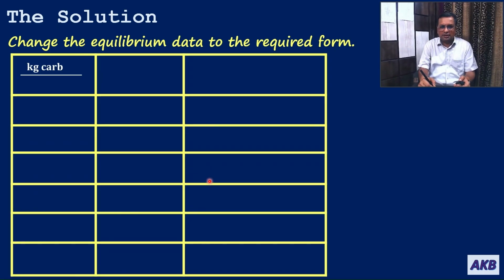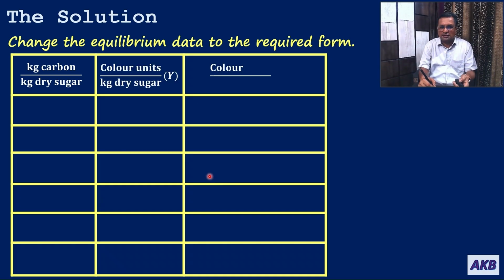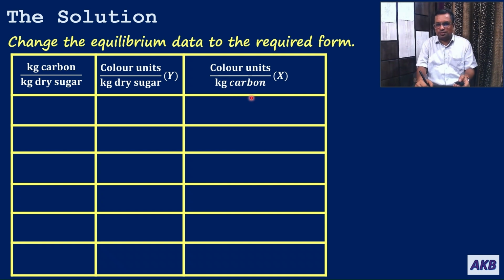Now we will get all the values of X. So I am preparing this table. You have kg carbon per kg dry sugar. Then we have the values of Y that were obtained previously, color units per kg dry sugar. And now we are going to get the values for capital X, that is color units per kg carbon.